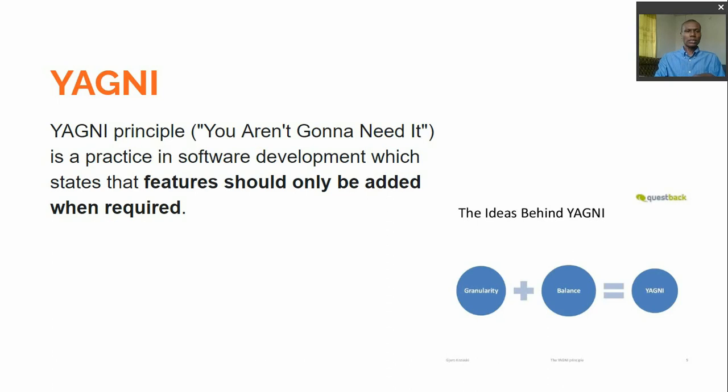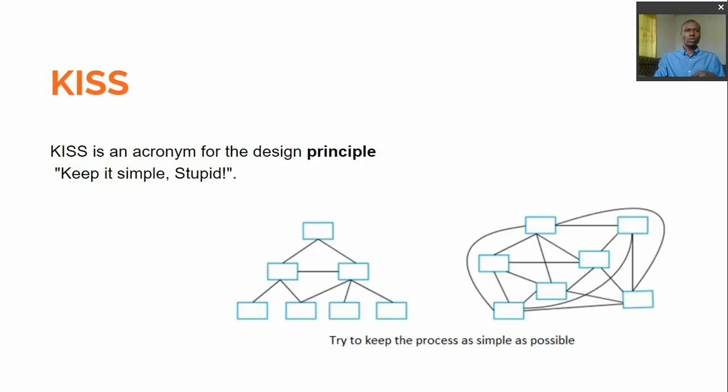All right, we move to KISS. KISS is an acronym for Keep It Simple, which is also necessary. As you can see in my diagram here, as you nest your applications, you have to make it simple in such a way that it will be understandable.